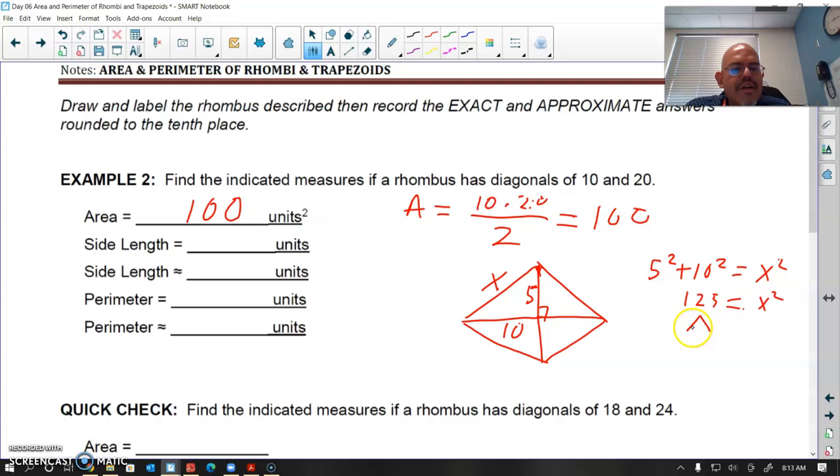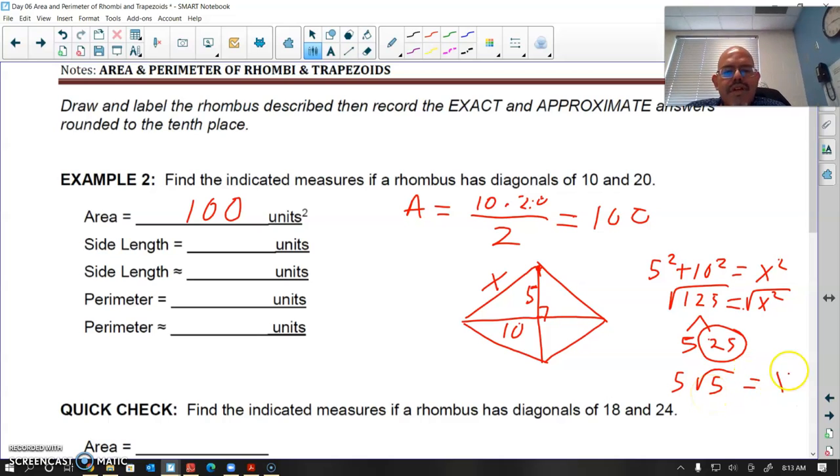Breaking that up, when we take the square root, that's the square root of 25 times 5. That's our perfect square, so it's 5 times the square root of 5. So that's equal to our x. Our side length right here is 5 square root 5, and the perimeter is going to take 4 and multiply that by 5 square root 5.